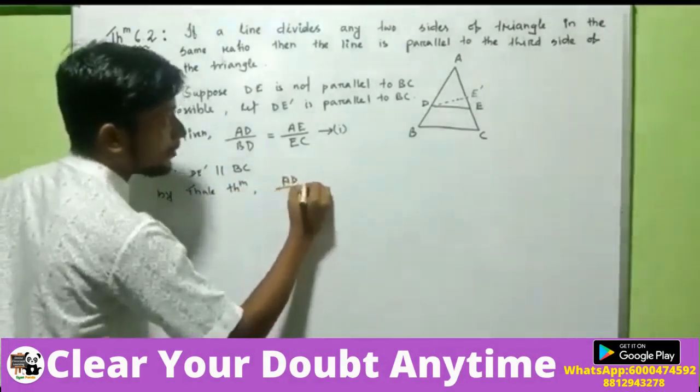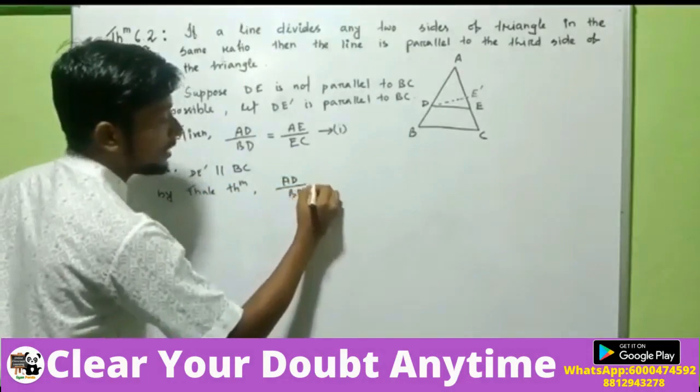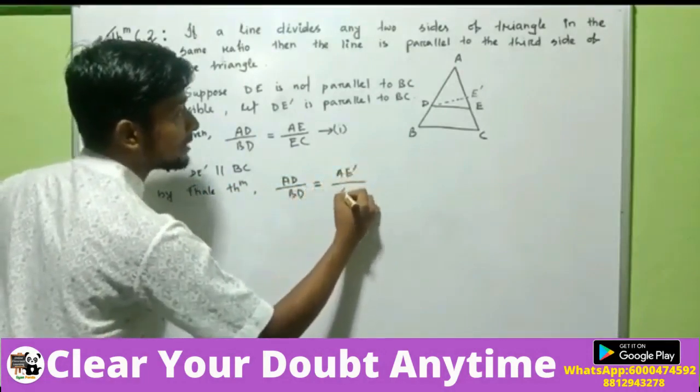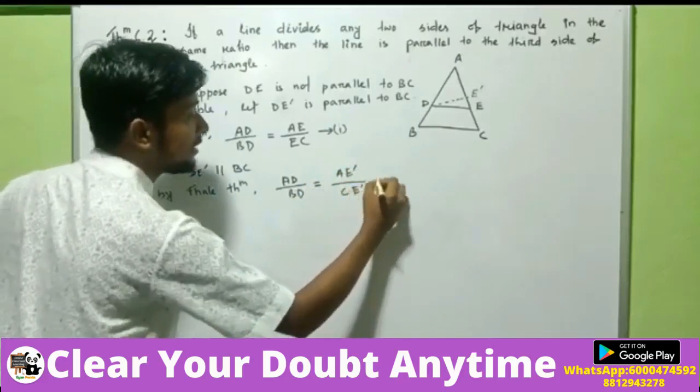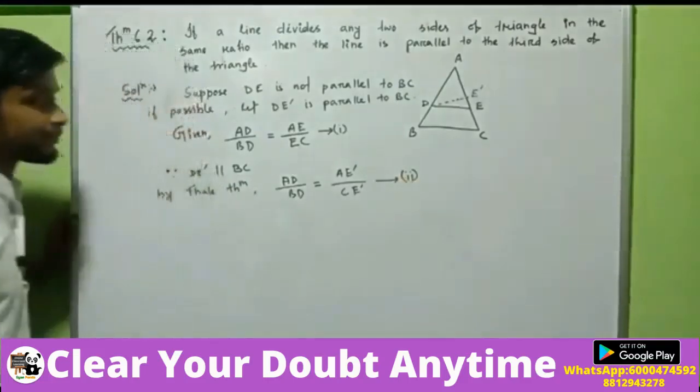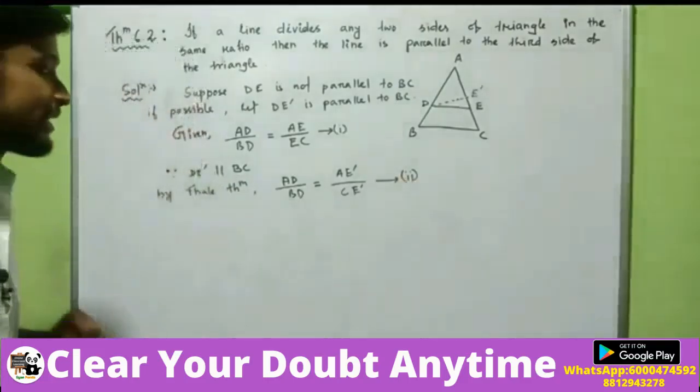AD by BD is equals to AE dash by CE dash, right? AE dash by CE dash, alright? By Thales theorem, we can say it.